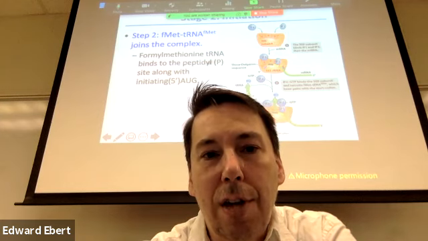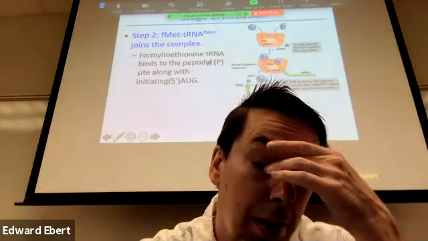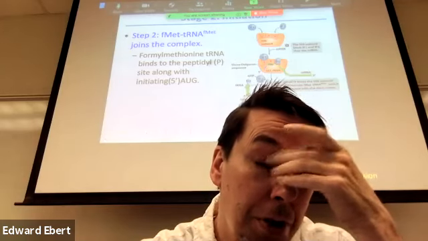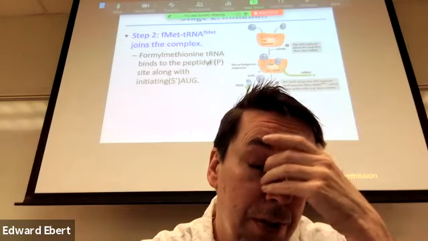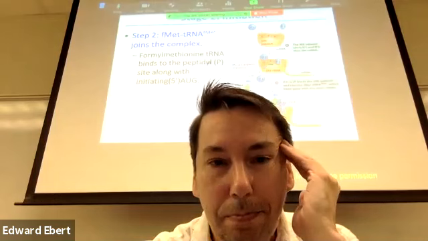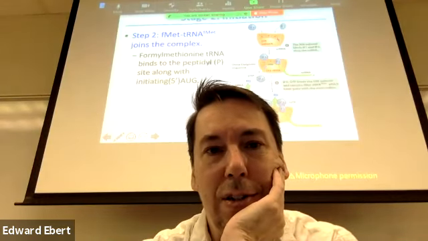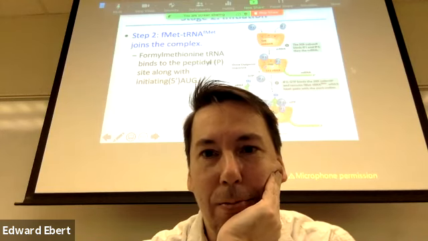You can see IF1 is in there for initiation to keep them apart. IF3 keeps them apart, and IF3 kind of blocks that to get it started. And then IF2 will encourage the first codon to come in here. So we have 3 sites, the A site, the P site, and the E site. I always saw these as the addition, the peptide, and the exit sites.